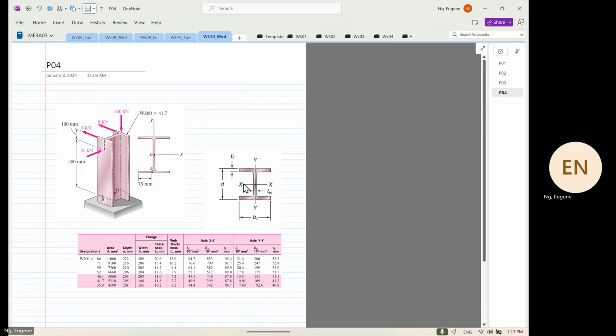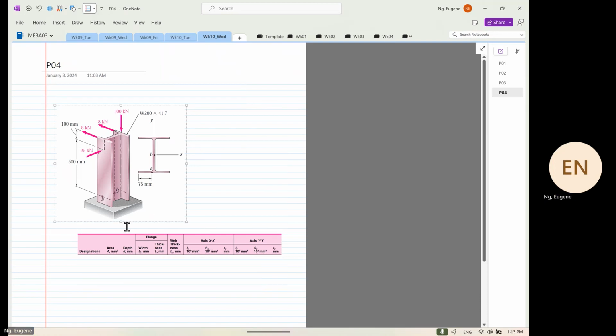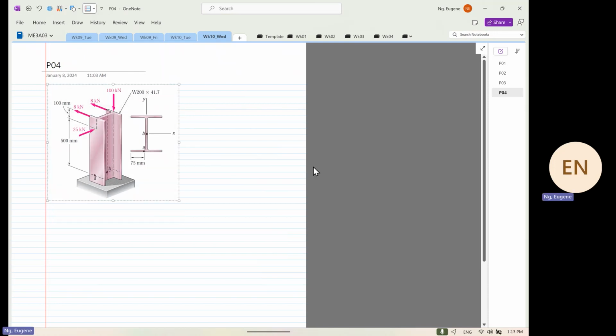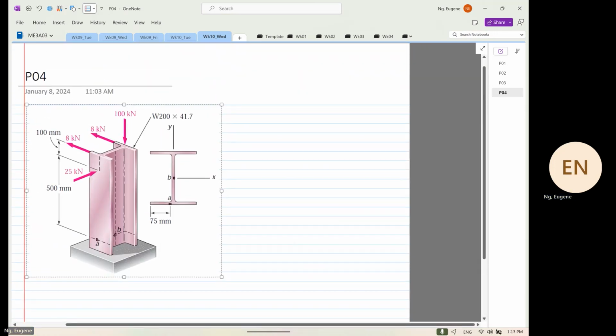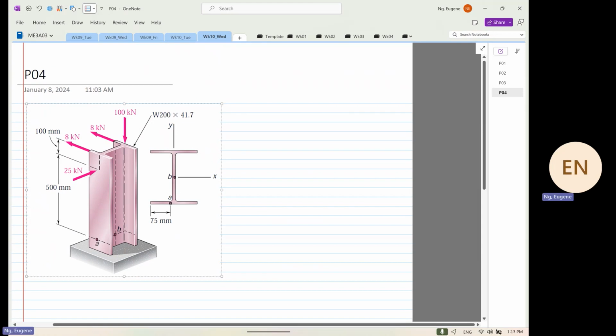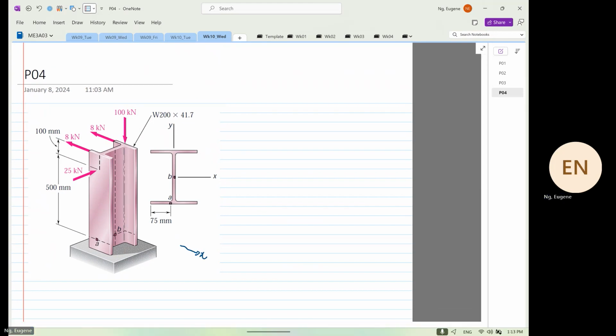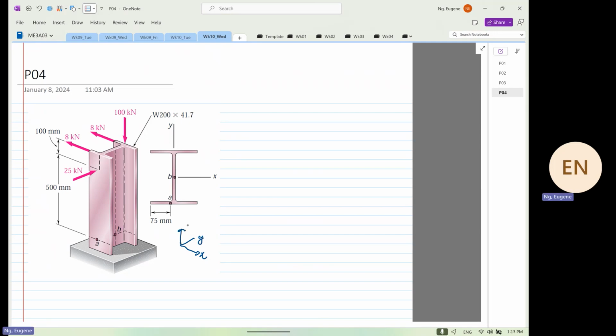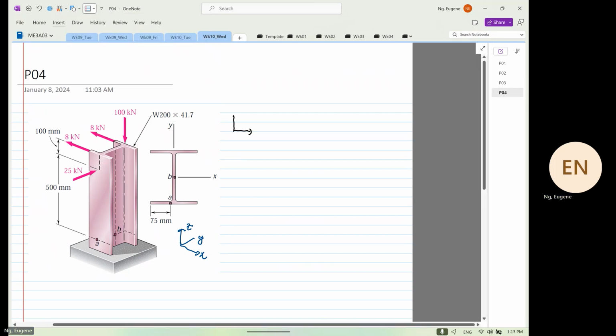So now we are going to visualize this in the YZ plane. So this is my X. This is my Y, and this is your Z. I would like to do the bending moment first.